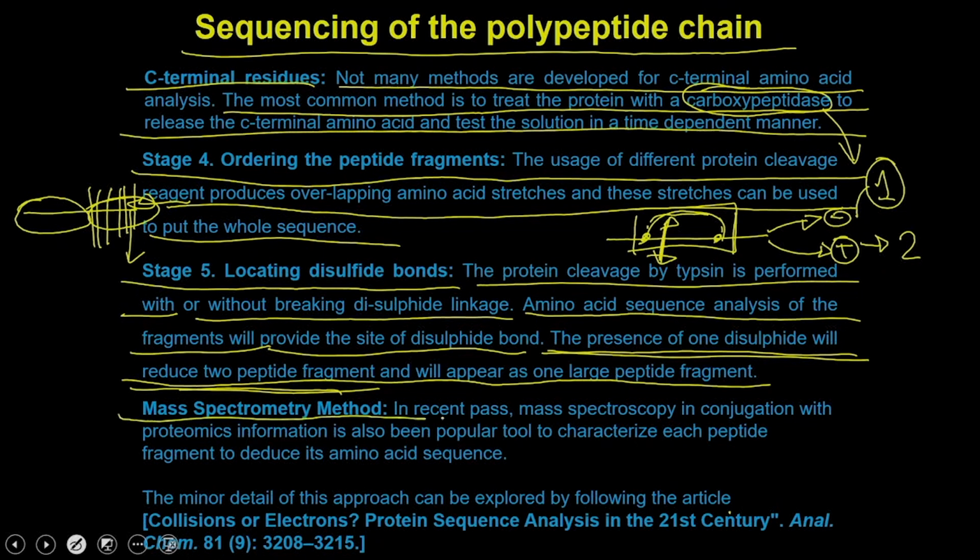Apart from that, you can also use the mass spectrometry method. In the recent past, people are not going with the extensive reactions, isolating the amino acid complexes, and then doing a separation by HPLC or TLC and all that.